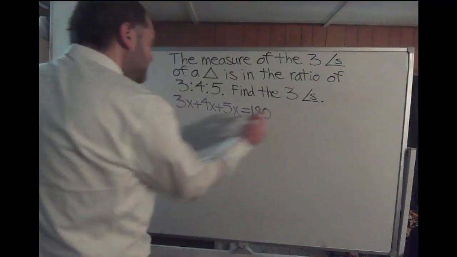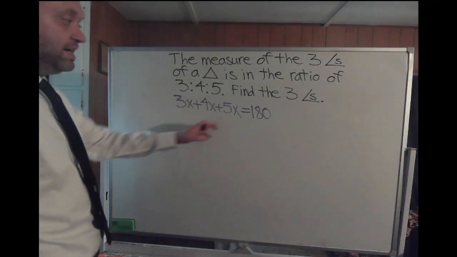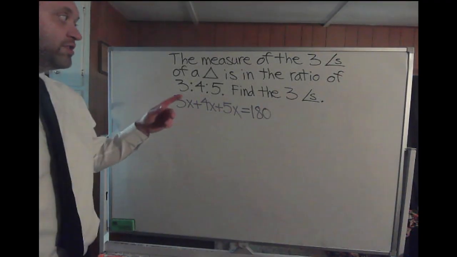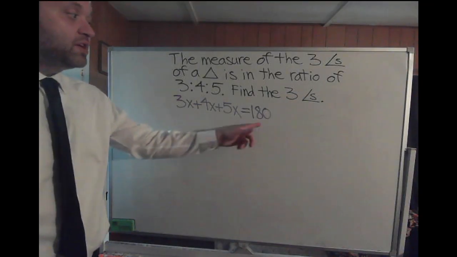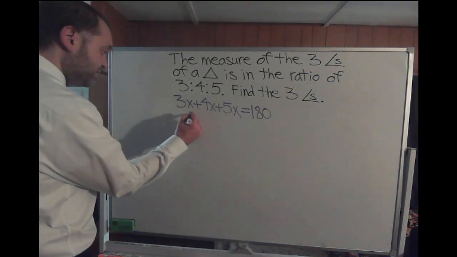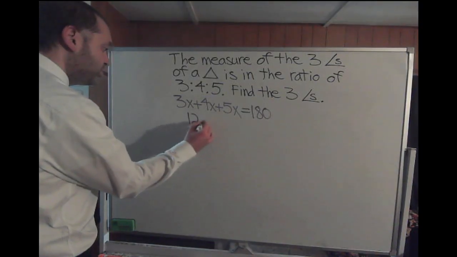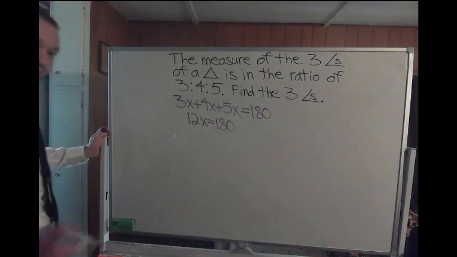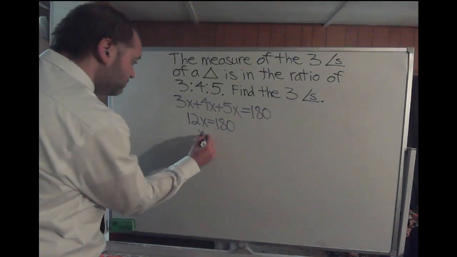So add the 3x plus 4x plus 5x together, set it equal to 180. On the left side, 3 plus 4 plus 5 is 12x. You would end up getting that 12x equals 180, which would then give you that x equals 15.